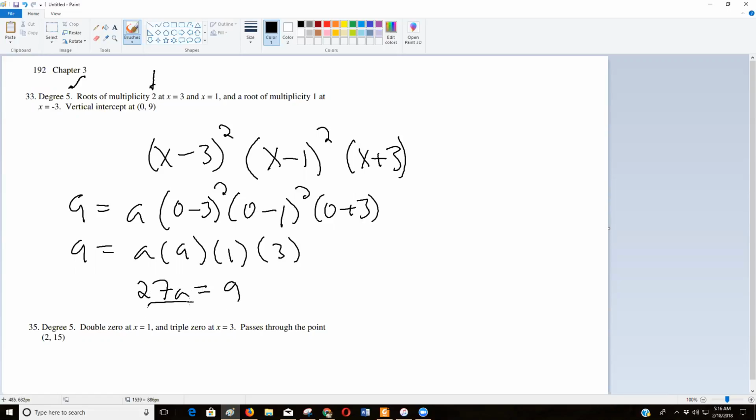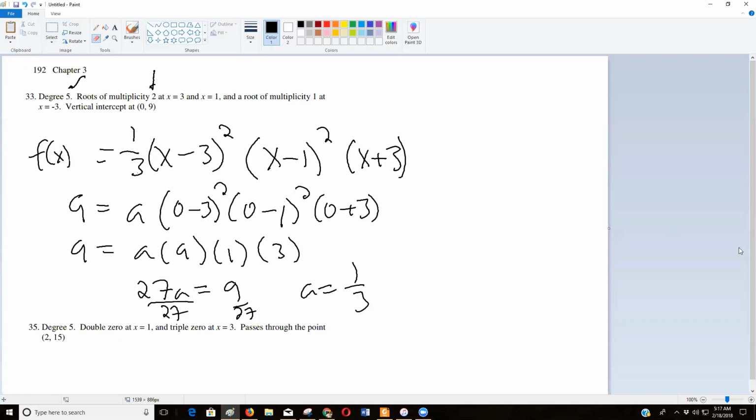So a equals 9 divided by 27. A equals 1/3. So that's going to be the stretch factor. Well, it's not 1/2, Dan, it's 1/3. Let me fix that. Okay, so that's a polynomial function that'll approximate what's described in number 33.